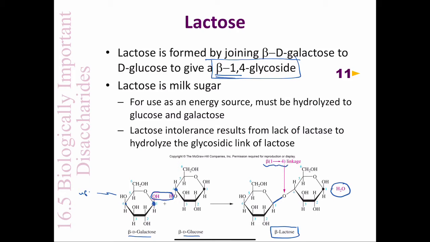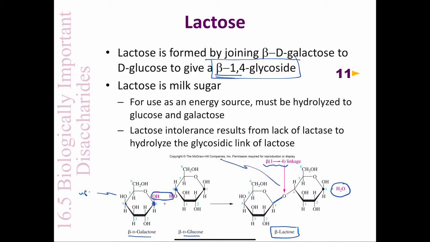So lactose can be used as an energy source, but in order to break down lactose, it has to be hydrolyzed into glucose and galactose. And lactose intolerance comes from lacking the enzyme lactase, which helps to hydrolyze the glycosidic bond. So the first thing you have to do is actually break the glycosidic bond.